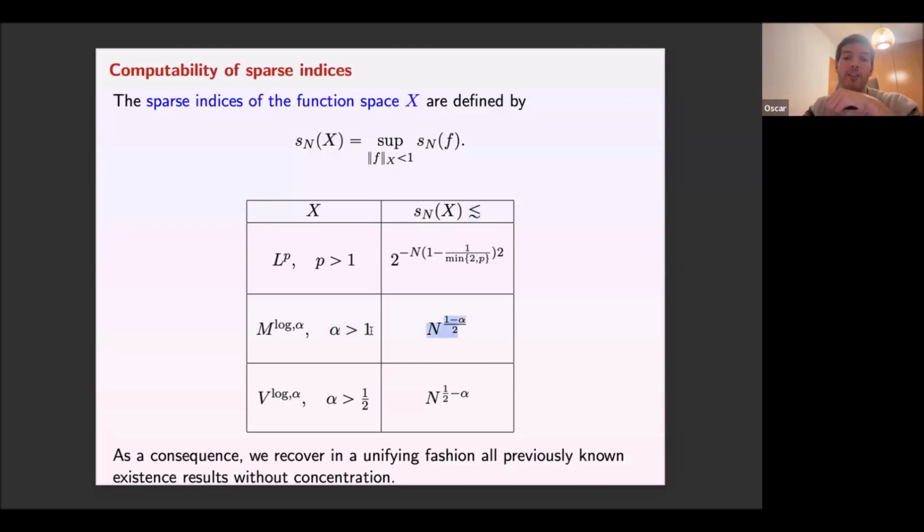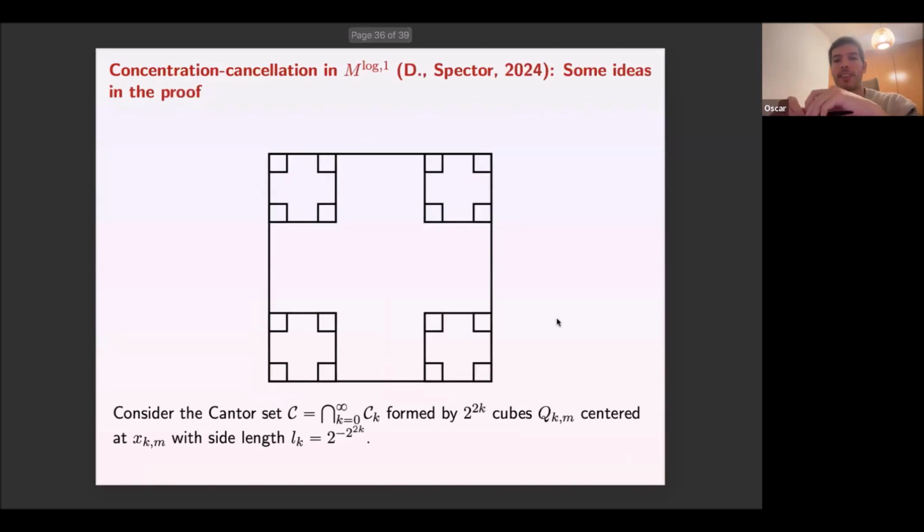And maybe one can achieve the endpoint one half using other computations. But I was not so optimistic at some point, and this motivated me, with Daniel Spector, to construct a counterexample for a lack of concentrations under Morrey regularity with alpha equals 1.